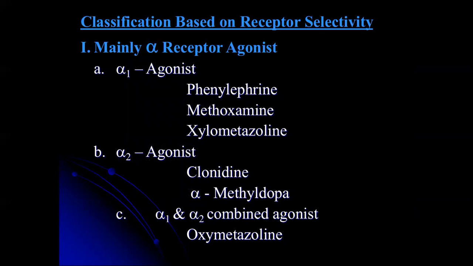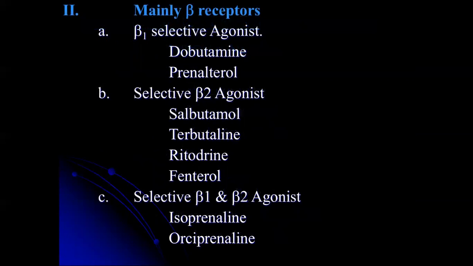Now, the classification based on receptor selectivity: mainly alpha receptor agonists. Alpha 1 agonists, we have alpha 2, and then we have combined alpha 1 and alpha 2 agonists. For beta receptors, mainly beta 1 selective agonists. Similarly, we have selective beta 2 agonists, and then selective beta 1 and beta 2. So these drugs are selective only for specific receptors.